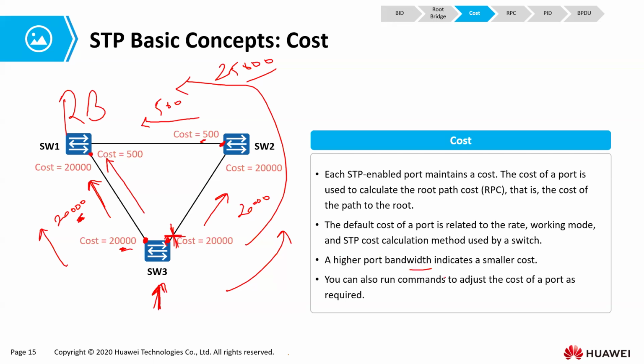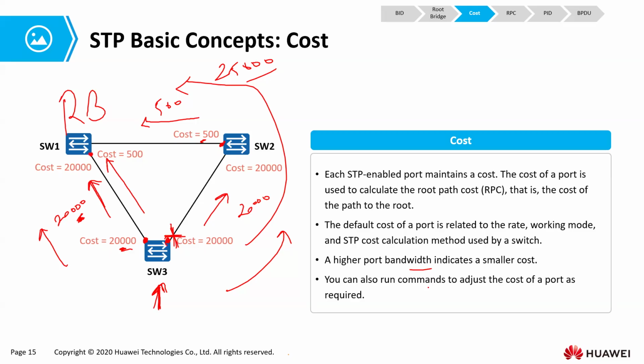Higher port bandwidth indicates a smaller cost. So links with more bandwidth cost less, which means they are always the preferred links. These concepts also apply in OSPF. I think we did OSPF; there we define bandwidth as a metric, which then represents the cost of your link.